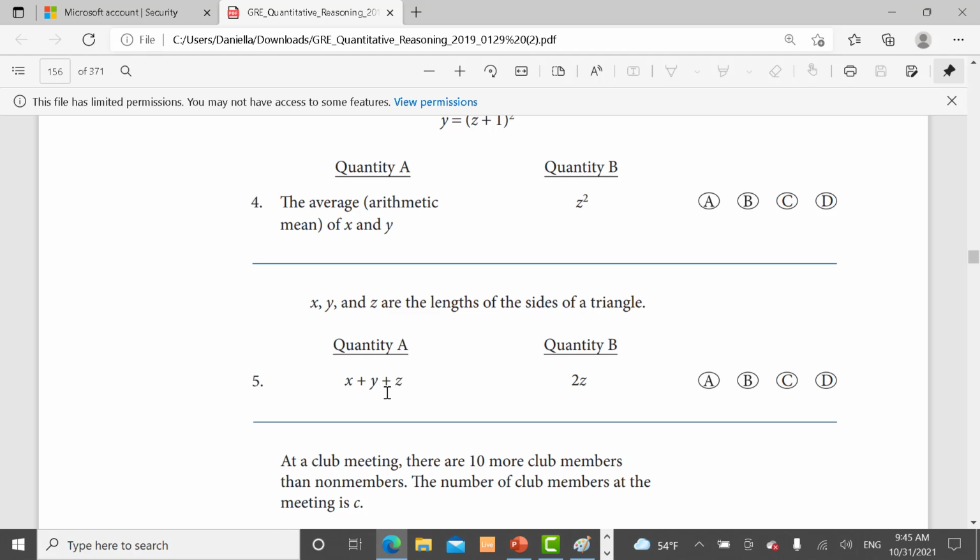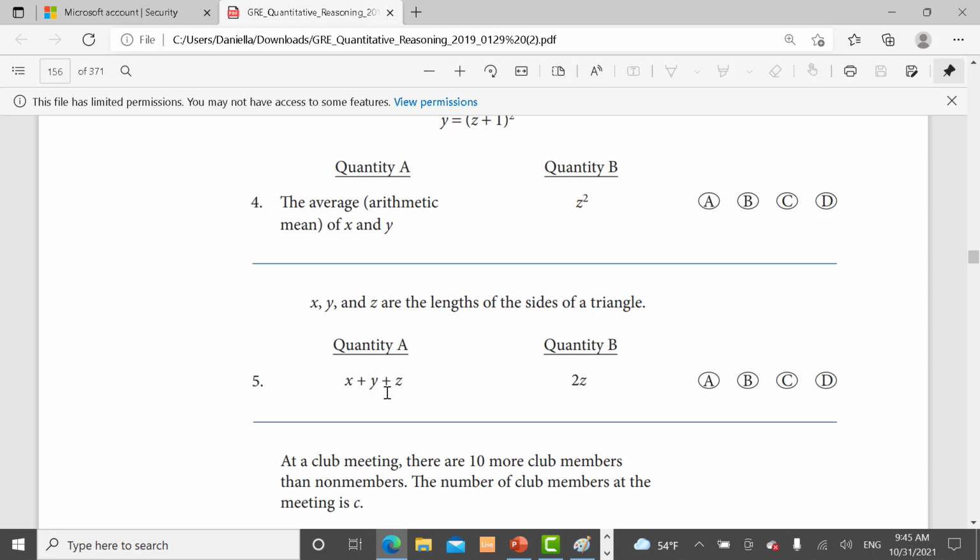For this one, it's clearly that the relationship between them cannot be established. But in order to prove my point, I have to show to you 2 examples. One showing that quantity A is greater than B, and one example showing that quantity B is greater than A, to prove that the relationship between A and B cannot be determined.